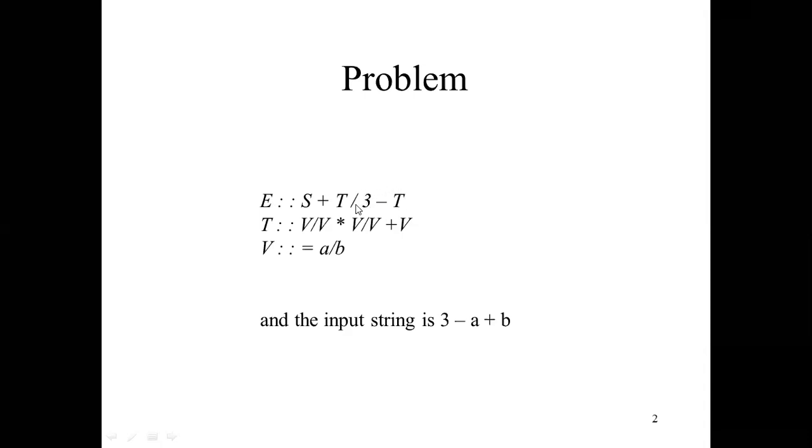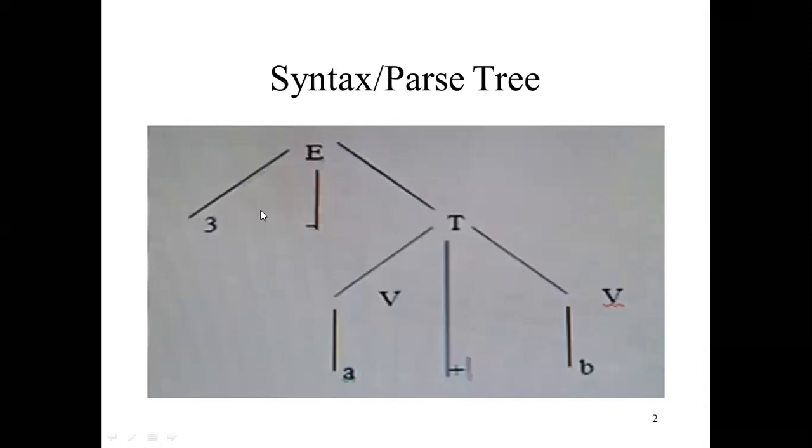Okay, we have the choice for S plus T or 3 minus T. So we will choose here 3 minus T, okay, and then again we will proceed. Then you can see 3 minus T, okay. So we will start to draw the syntax tree. First we will choose the options E and then 3 minus T, and then again proceed.